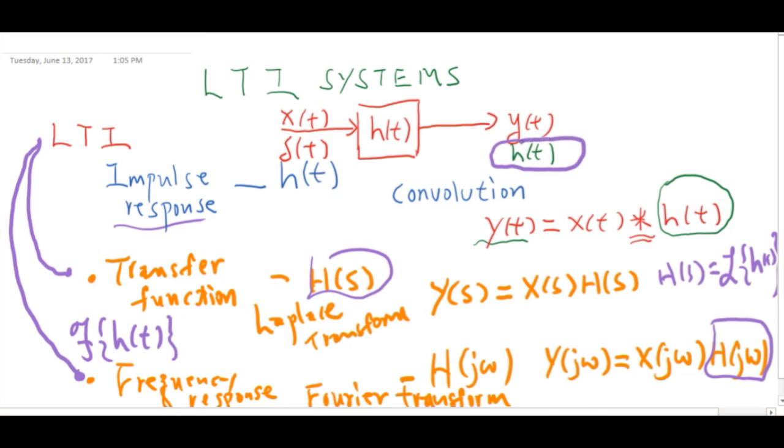The impulse response enables us to find H of s, and also H of j omega. Control people usually like to work from the transfer function H of s using the Laplace transform. For communication people, we like to work from the frequency response H of j omega. All of these we will cover in detail later in our course.